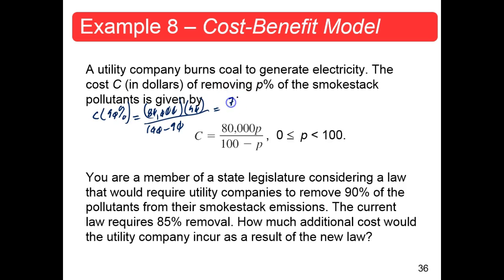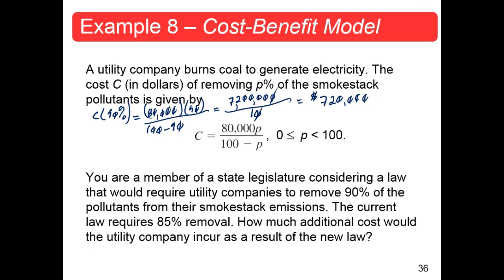So this will be 7,200,000. Okay? I think I've got the right number of zeros there. Yep. Divided by 10. I'll wipe out one of those zeros. That gives us a cost of $720,000. Not too hard to do, is it?